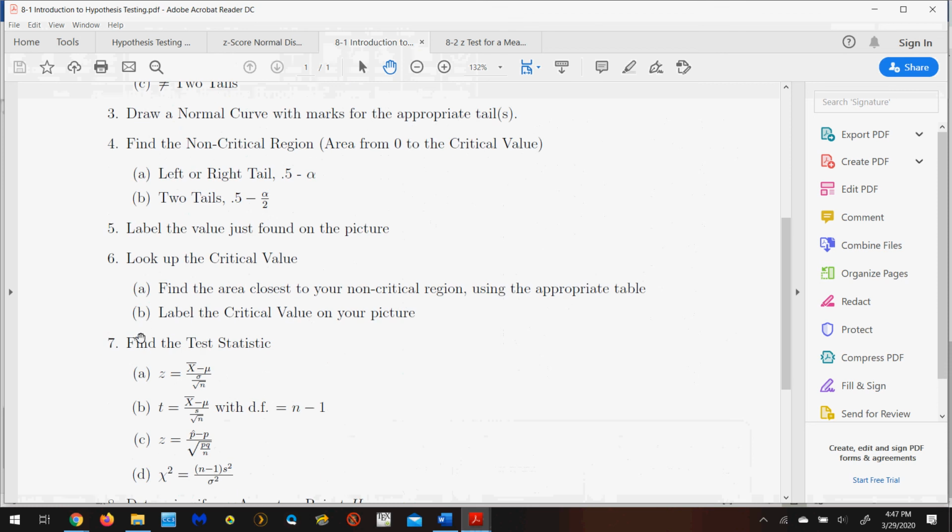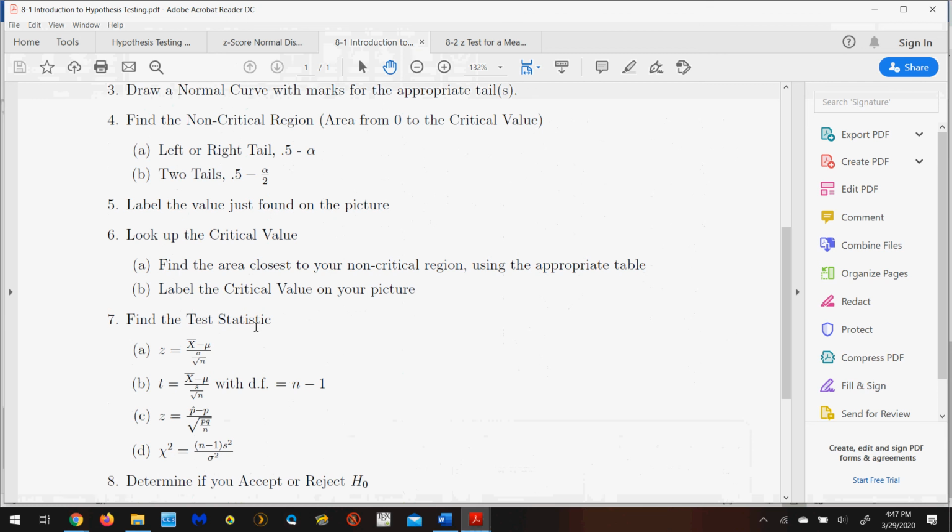The next thing we need to do is find the test statistic. Well, right now you're only working with z-scores for means, so you're going to use this formula. Z equals x bar minus mu, all on top of population standard deviation divided by square root n.